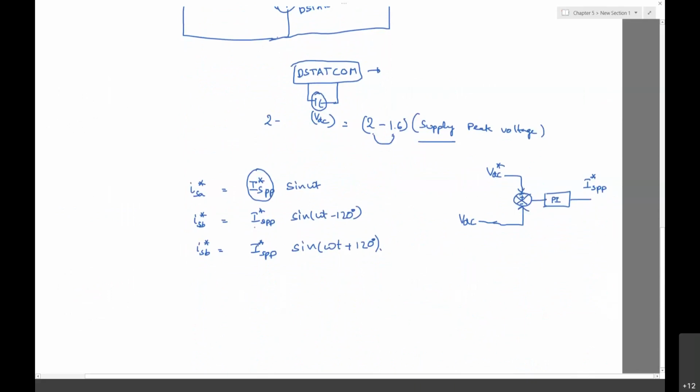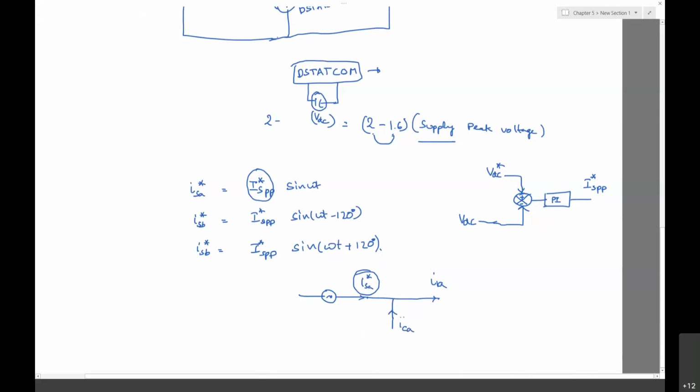We try to fix how much the source current IS star is, and the load current IL. We have been fixing these currents. Then how do you fix the compensator current?